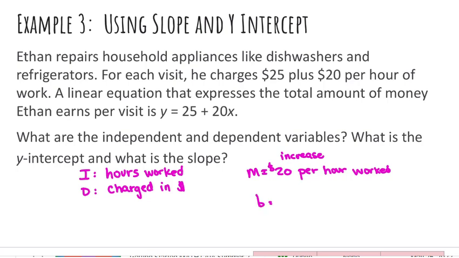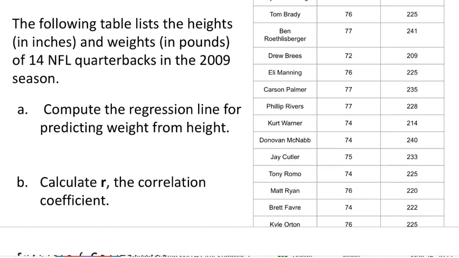Now your B is your 25, and that's basically your starting value. So that's the amount that they charge no matter what. So they're going to charge $25 just to visit and then add on $20 for every hour of work. So 25 is the starting value. 20 is the slope. That's the amount that is increasing per hour worked.